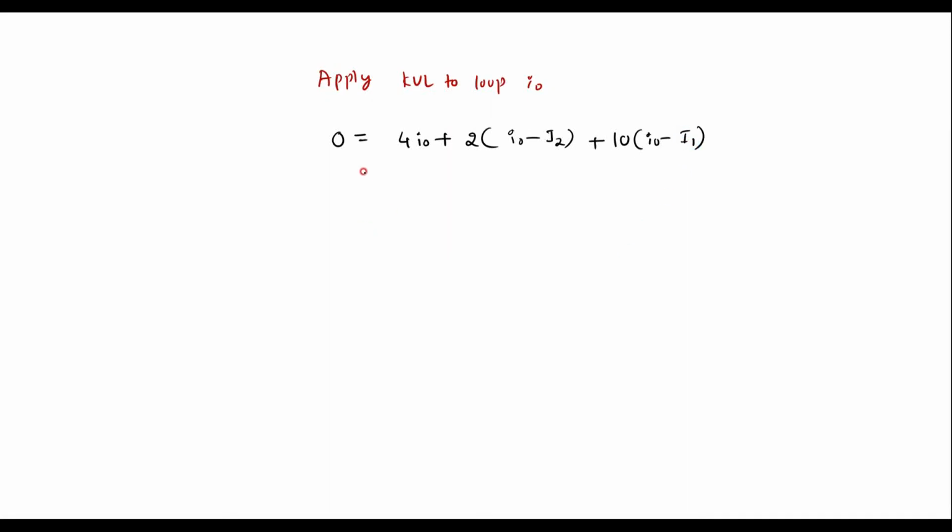Let me simplify this further. 0 is equal to 4 I0 plus 2 I0 minus 2 I2 plus 10 I0 minus 10 I1. Here 4 plus 2 plus 10 is 16 I0, minus 2 I2, and minus 10 I1.